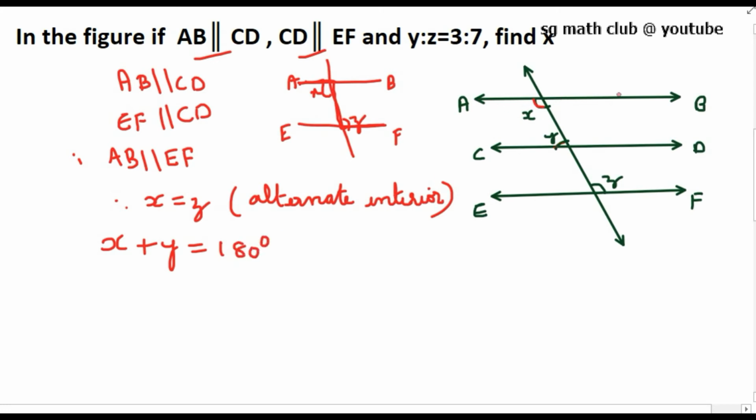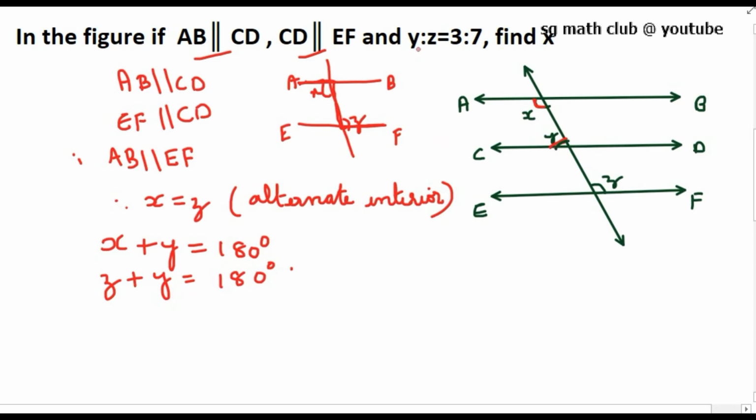If you consider the lines AB and CD, they are parallel lines and x and y are co-interior angles, and we know that interior angles on the same side of the transversal are supplementary. So I can write x plus y equal to 180. Just now we got x is equal to z, so I am going to replace this, z plus y equal to 180 degree.